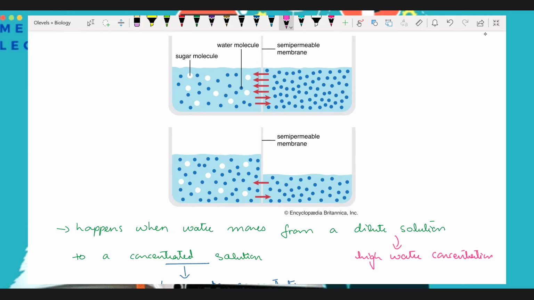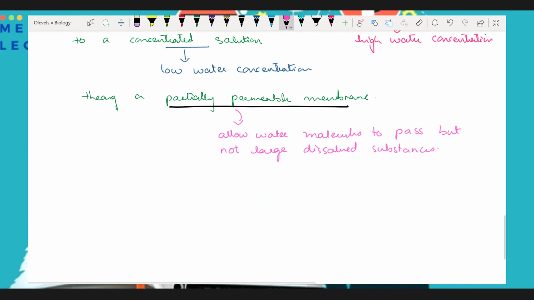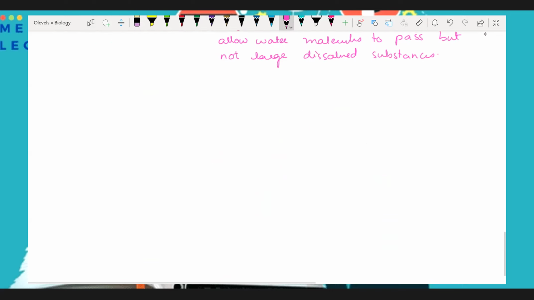Here we have a large concentration of water molecules, so they move towards an area of low concentration of water molecules. Is that clear? Yes, ma'am.